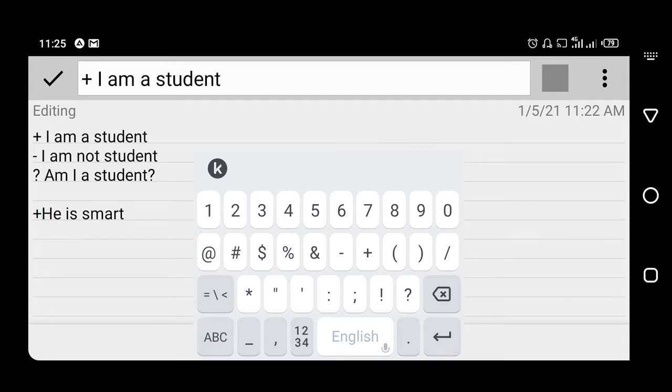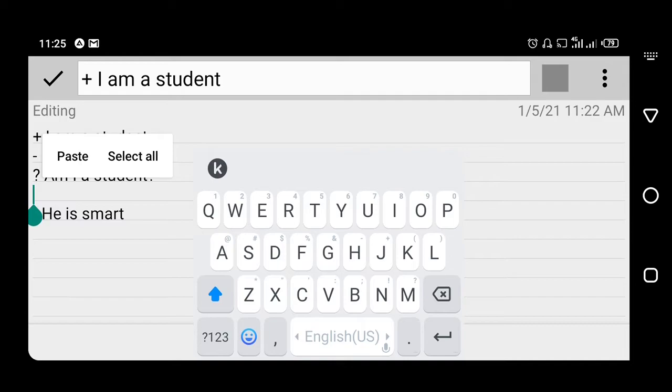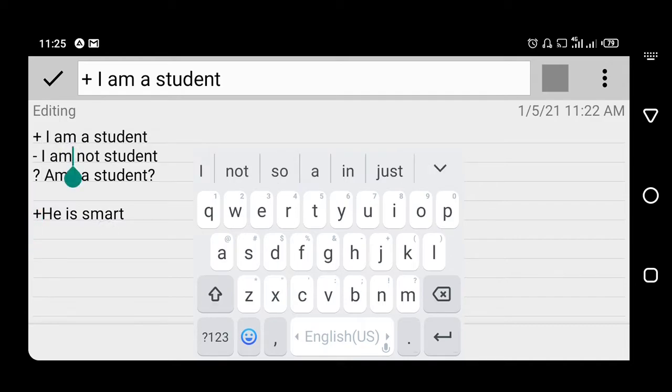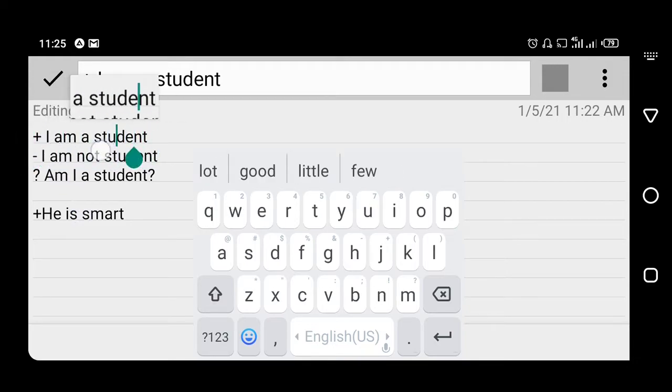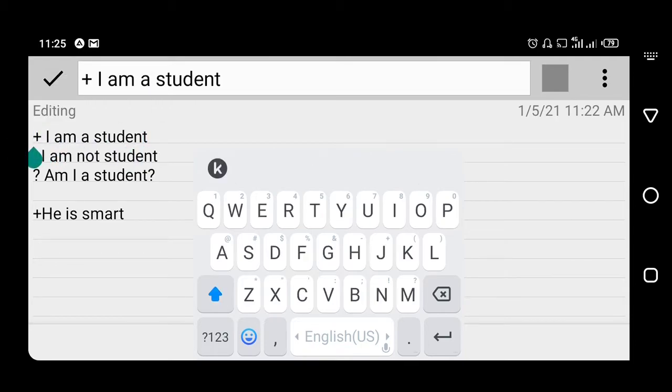Jadi saya jelasin lagi ya, kalau kita bikin kalimat pertanyaan seperti yang ini, kita pakainya itu bukan kalimat yang negatif kayak gini. Nggak bakal kita pakai "am I not a student?" No, just like that. Kita harus pakai yang positif. I am a student. Jadi kita pakai ini kalau kita membuat kalimat pertanyaan dari bahasa Inggris. Okay?